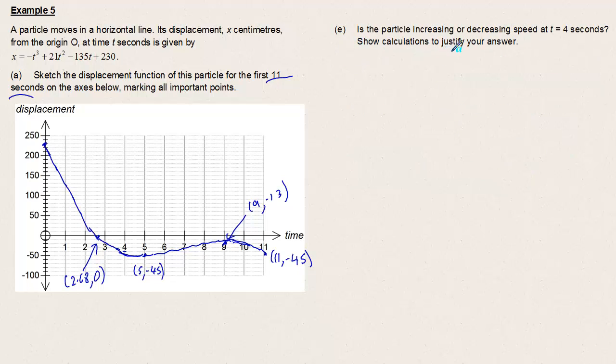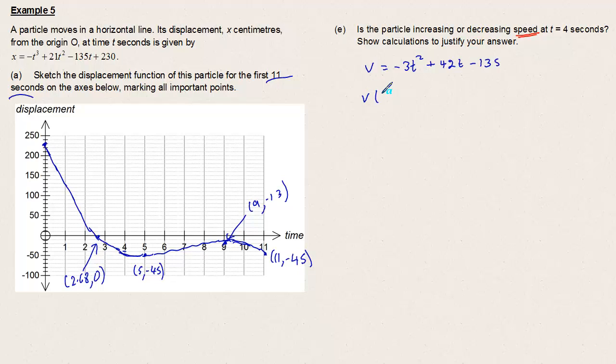Is the particle increasing or decreasing speed at t equals 4 seconds? Show calculations to justify your answer. Note we're talking about speed, not velocity. So v, we know, is the differential of this, so that's -3t² + 42t - 135.